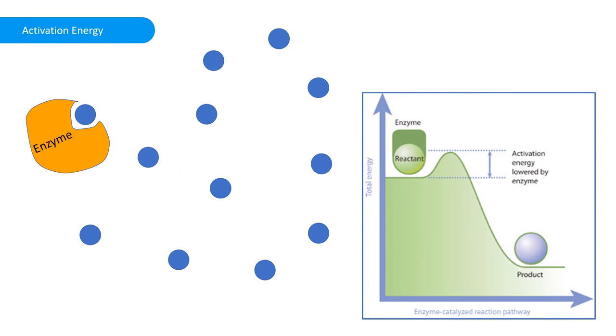So how does the structure of an enzyme make sure that the reactions occur 1,000,000 times faster with an enzyme than without? So this is pretty much an exact copy of the slide earlier on in the video, but we've added an enzyme.